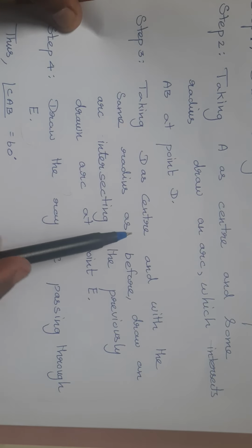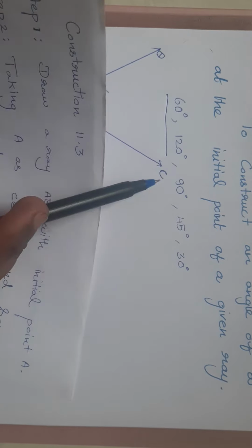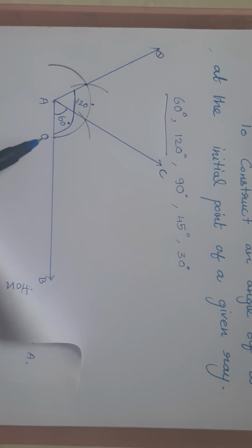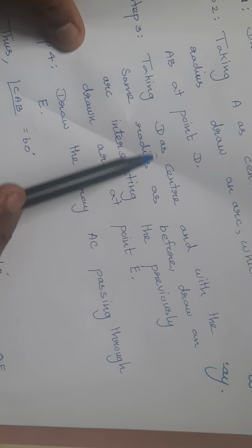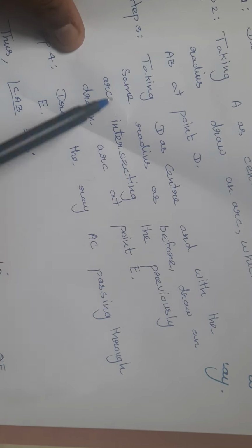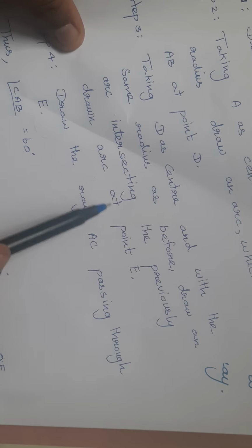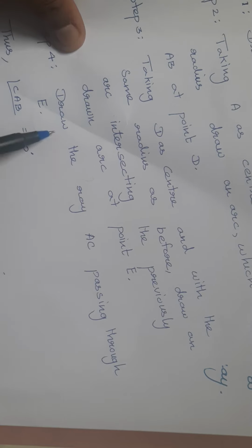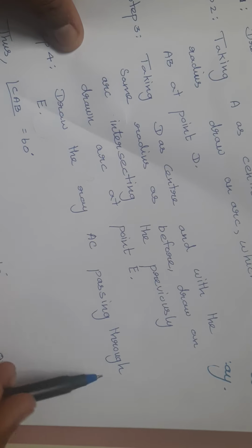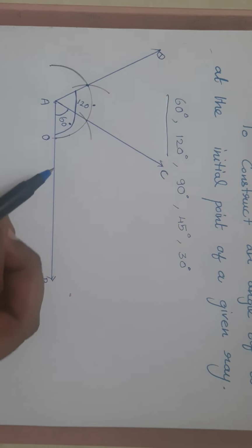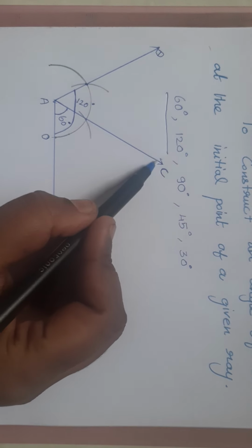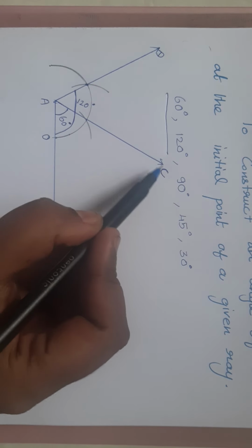Taking D as center, with the same radius as before, draw an arc intersecting the previously drawn arc at point E. Draw a ray AC passing through E.